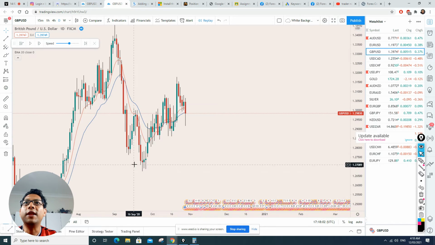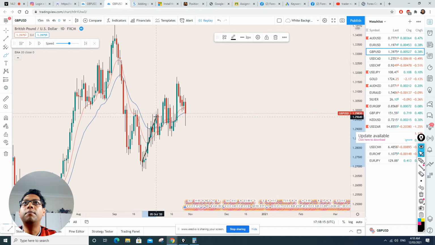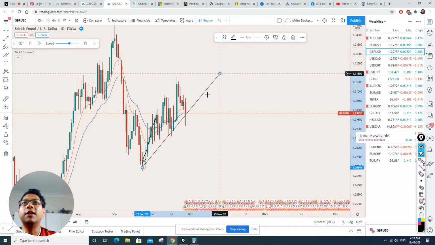So when you are here, say you are here, for example, how do you know it is trending up or down? Just see like this. Go up and then draw a trend line first. So this is a trend line.